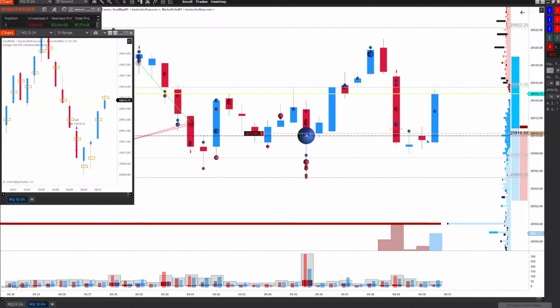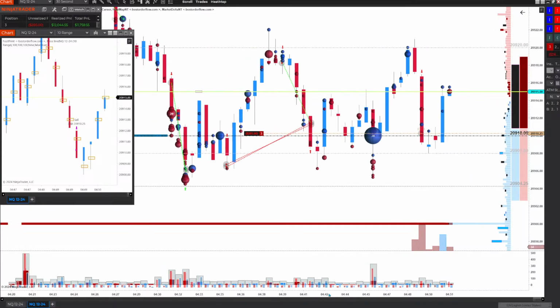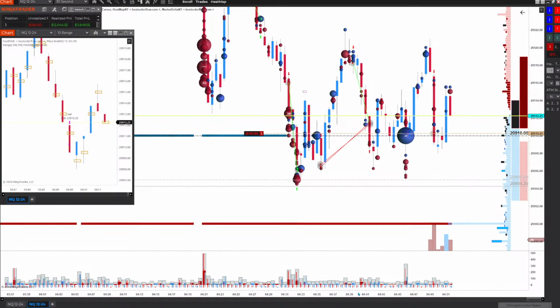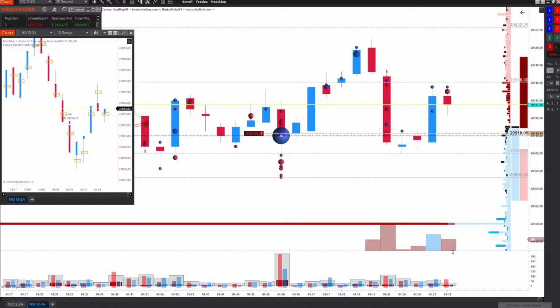So what you are seeing right here is short body candles, and that's why we are reversing in the opposite direction. We'll see what's going to happen right over here. Maybe we don't even have the juice to go in either direction, you know?